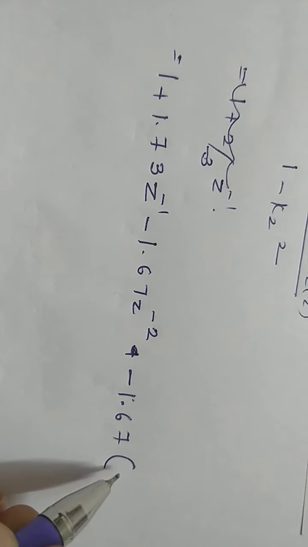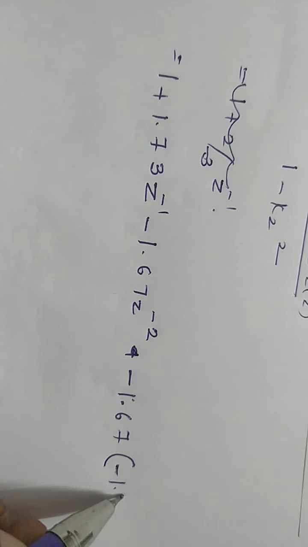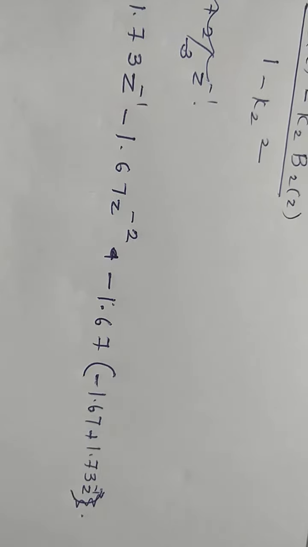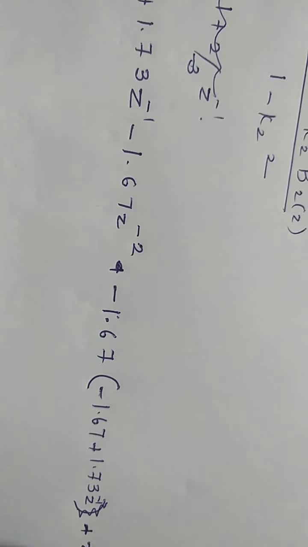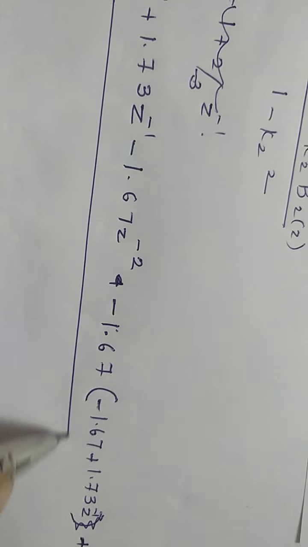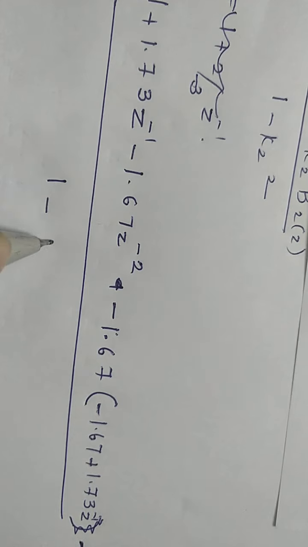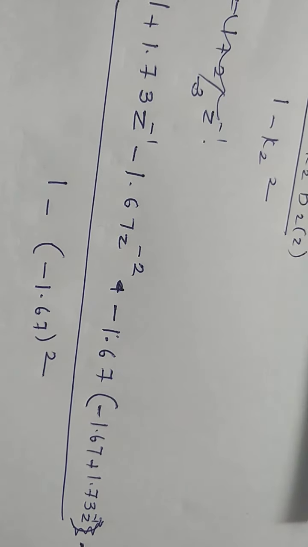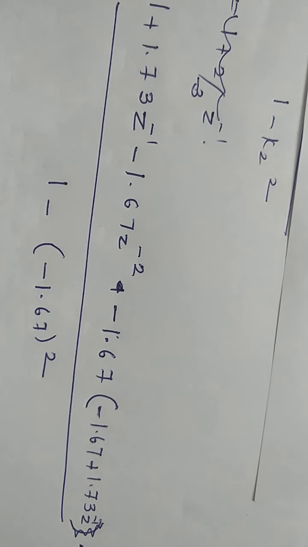Write the equation here, that is minus 1.67 plus 1.73 z raised to minus 1 plus z raised to minus 2 whole divided by 1 minus k2 square, that is 1.67 square. Okay, you will be getting an equation like this.